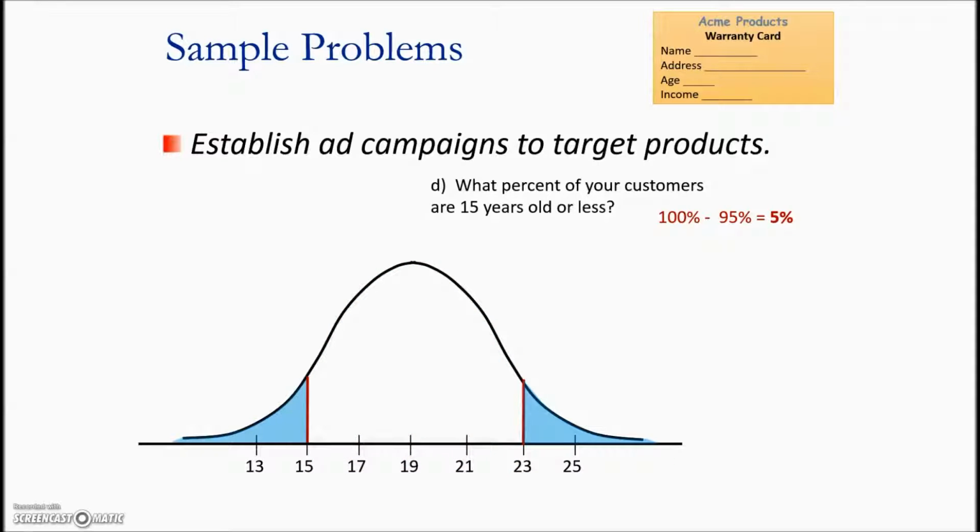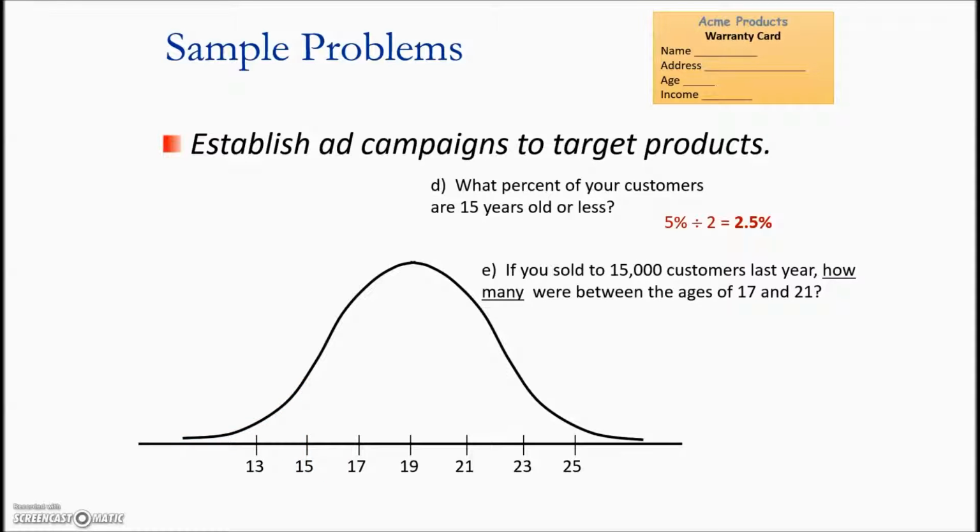This is double what we want though. These two areas combine to equal the 5%, and we're only interested in this shaded region to the left. Because of symmetry, all we need to do is take that percentage and divide it by 2. So to answer our question, 2.5% of the customers are 15 years or younger.